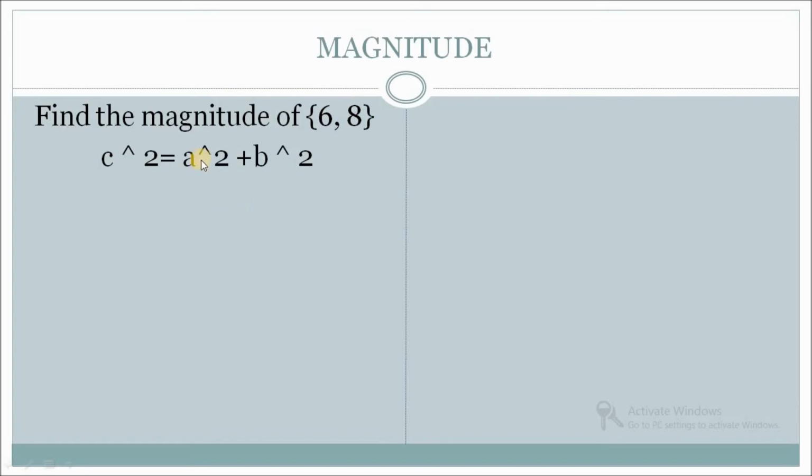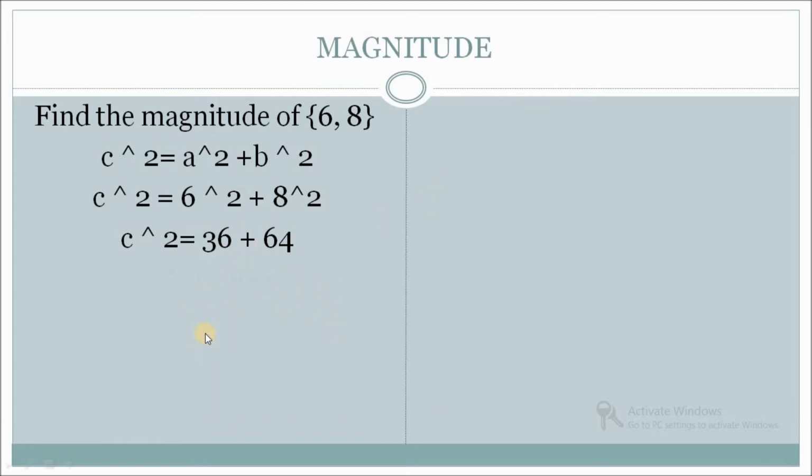So let's substitute them. c squared equals 6 to the power 2 plus 8 to the power 2. Let's multiply 6 times 6, that is 36, and 8 times 8 we get 64. So now we have to add them: c squared equals 36 plus 64. When we add them, we get 100.